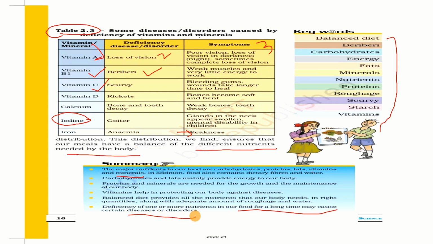We have seen in table 2.3 which vitamins we need for our body. If you are not consuming proper food containing all the vitamins, then you will get deficiency diseases or disorders, and we have shown the symptoms you can see from not consuming the vitamins.